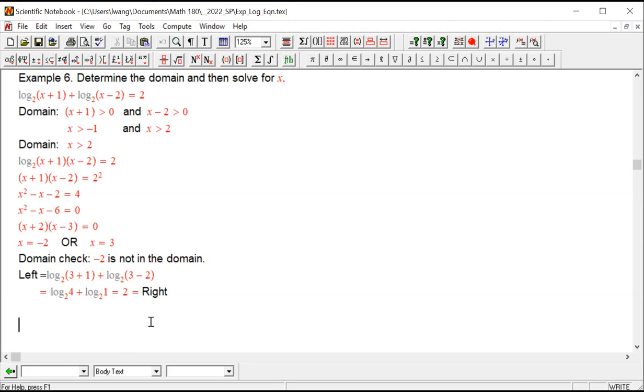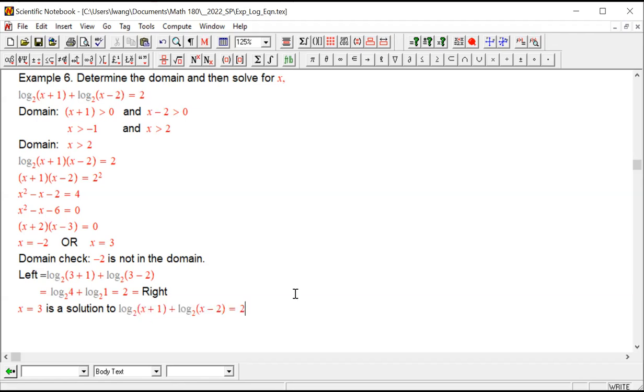So x equals 3 is a solution, and this is the only solution. It's a solution to this equation.